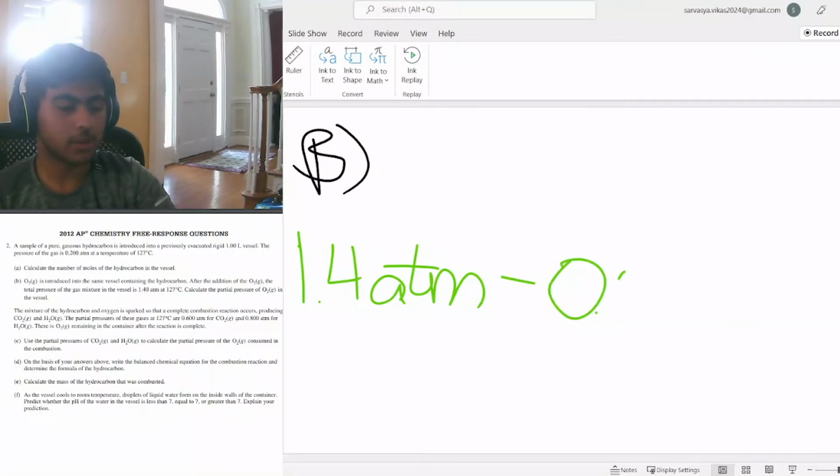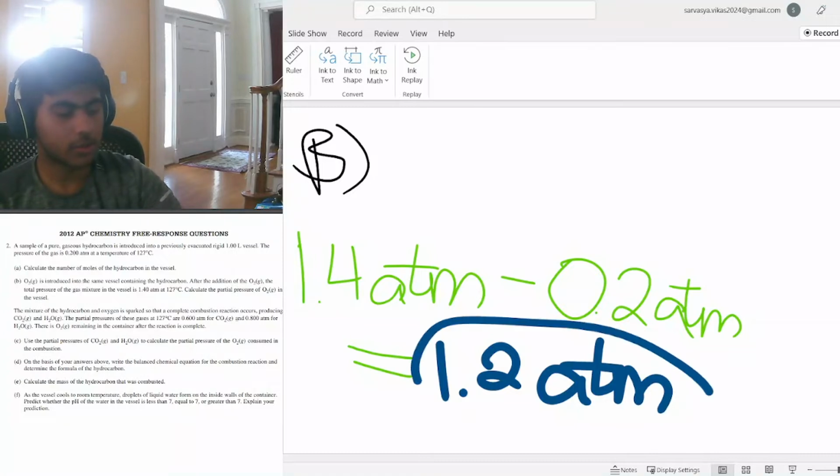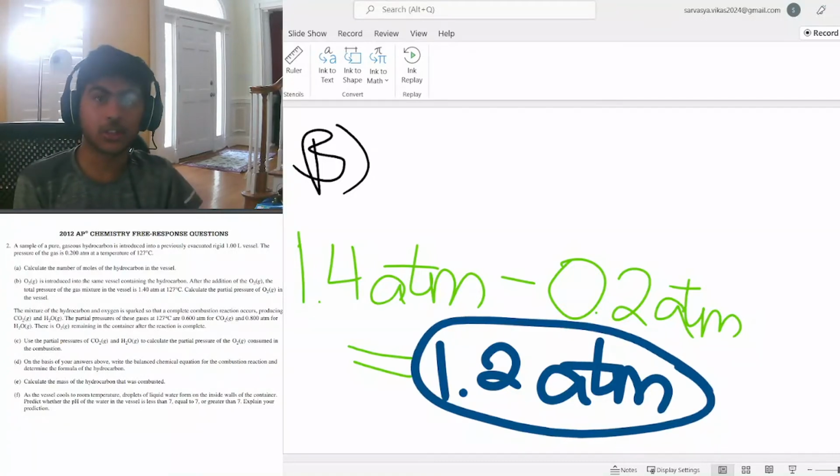We subtract off 0.2 from the hydrocarbon. We get that the oxygen gas has a partial pressure of 1.2 atmospheres. That is the partial pressure of the oxygen gas. And we can move on to the next part.